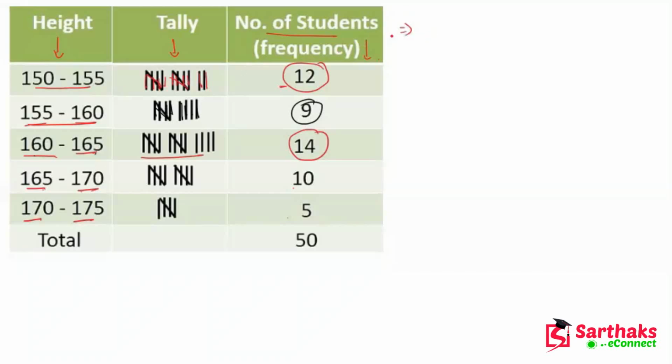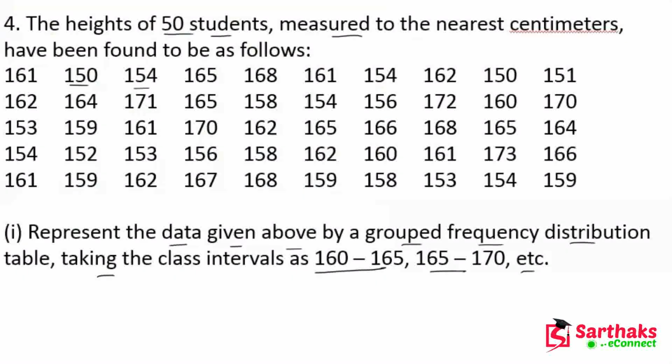By observing this data, what is the minimum height in centimeters? Here you can see that 150 is the minimum. And what is the maximum? If you observe this, the maximum is 173.